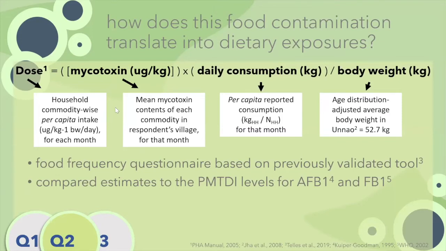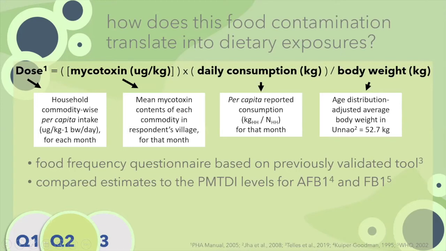exposures. So we used a standard exposure dose formula to estimate per capita daily intake in terms of per kilogram body weight per day. And we did this by using the mean mycotoxin contents for each commodity in each village in each month, multiplied by per capita reported commodity consumption for that commodity for that month in each household, and then divided by an age distribution adjusted average body weight.